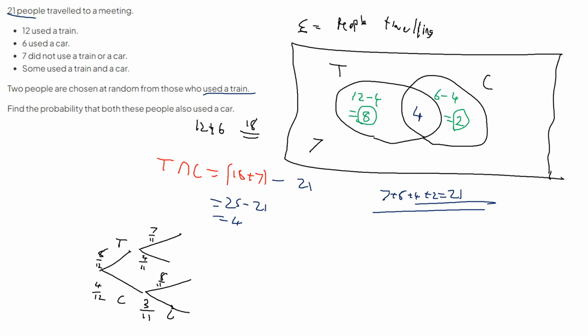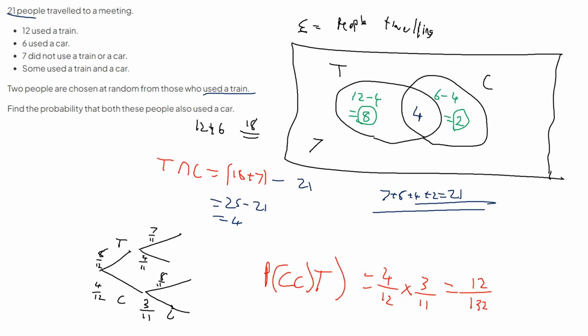The probability of them both using a car, given that they are using a train, is going to be 4 over 12 times 3 over 11, which is going to be 12 over 132.